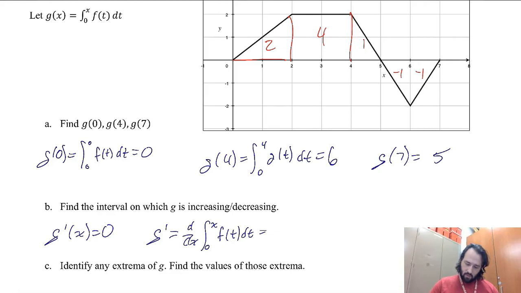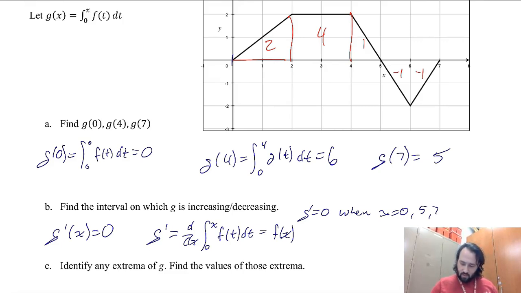So it would just be putting in f of x. So f of x is going to be 0, let's see, at 0, but we're not going to really include that, right? So g prime equals 0 when x equals 0, 5, and 7.